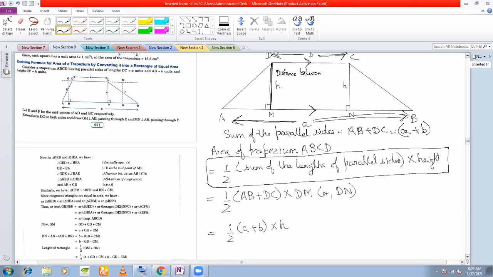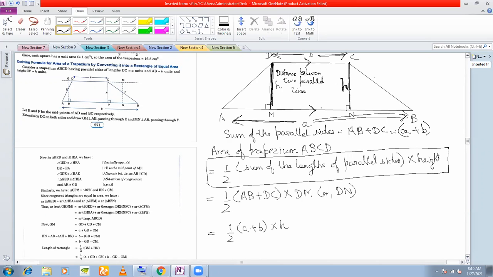When I say distance, it means perpendicular distance. Okay, so this line here represents the distance between these two parallel lines. Or even this line represents the distance between the parallel lines. It is also called the height of the trapezium.